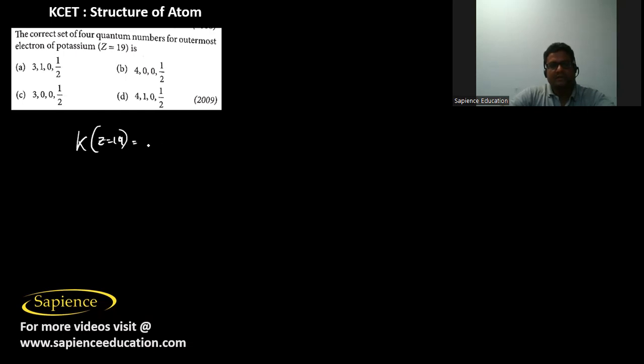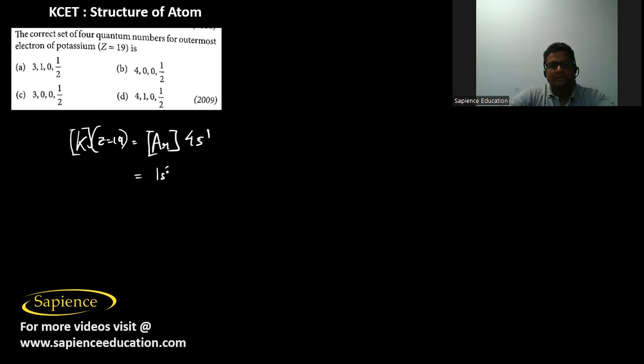If you write the electronic configuration, it will be argon 4s1. So the electronic configuration is argon, then 4s1.